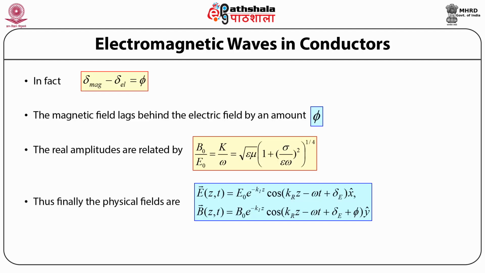Thus the real electric and magnetic fields are finally E(z,t) equals E naught e raised to power minus k imaginary z, cos(k real z minus omega t plus delta E), into x cap. B(z,t) equals B naught e raised to power minus k imaginary z, cos(k real z minus omega t plus delta E plus phi), into y cap.